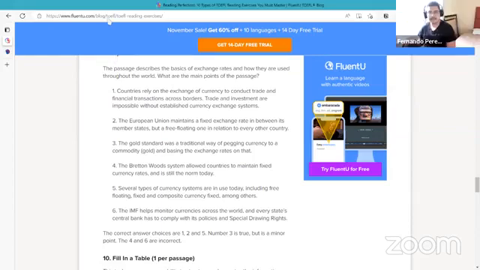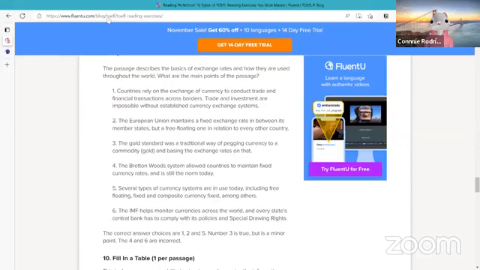That's right, the European Union maintains a fixed exchange rate between its member states, but is free floating in relation to every other country. 3. The gold standard was a traditional way of pegging currency to a commodity, gold, and basing the exchange rates on that. 4.